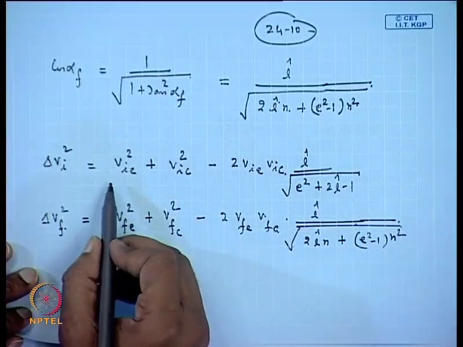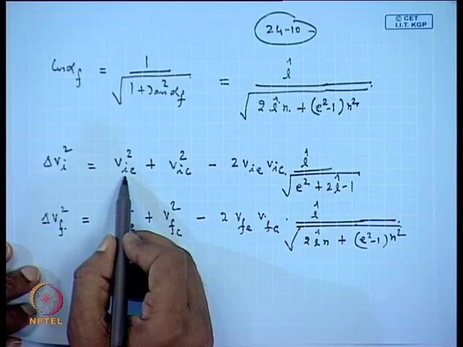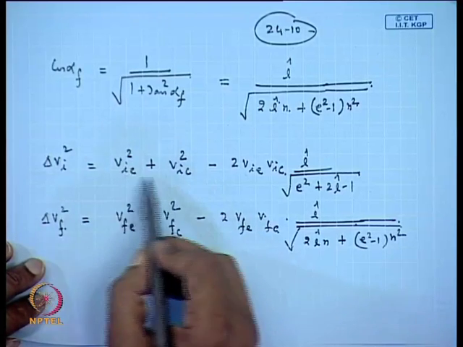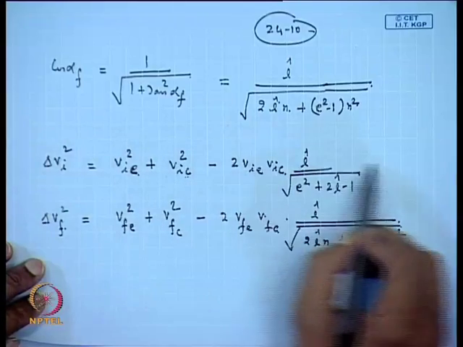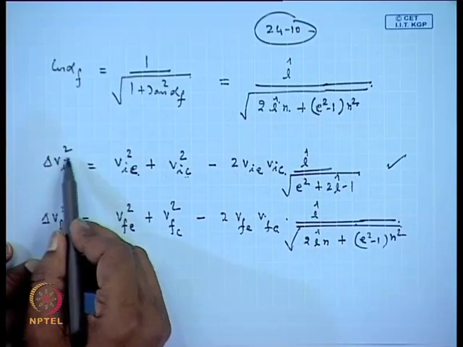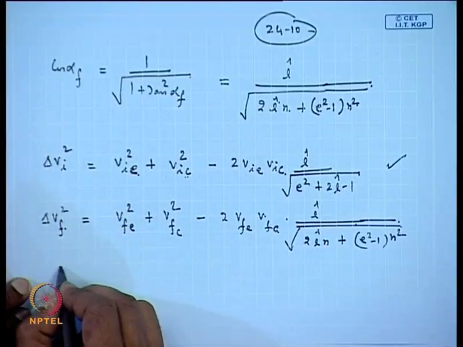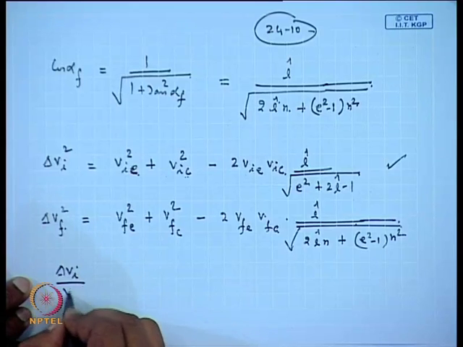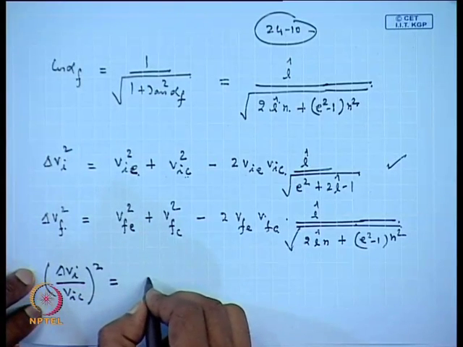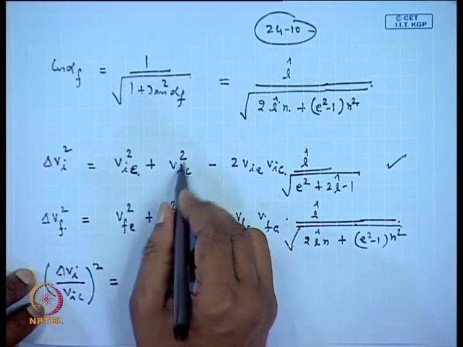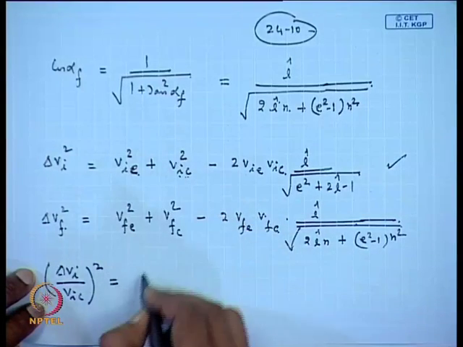So, the notations that we have developed earlier, that if we divide the whole thing by V I C in this equation. Okay, so, delta V I square, this can be written as delta V I by V I C square, and V I C divided by V I C, this will become 1.